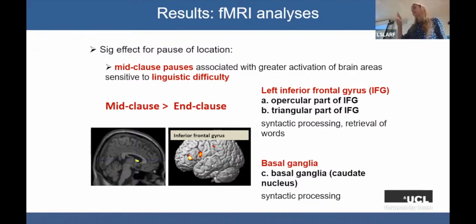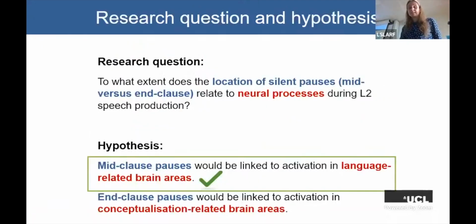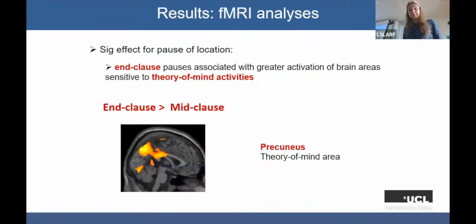In previous neuroscience research, these areas have been associated with syntactic processing and retrieval of words. We also found greater activation in the basal ganglia for mid-clause pauses. Again, this is an area that in previous research was associated with syntactic processing. So our first hypothesis seems to have been confirmed.